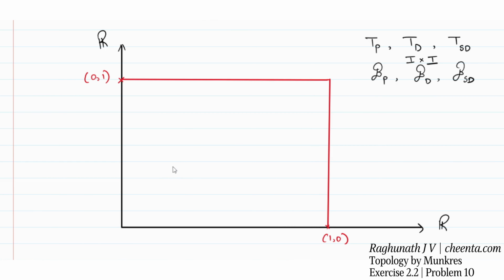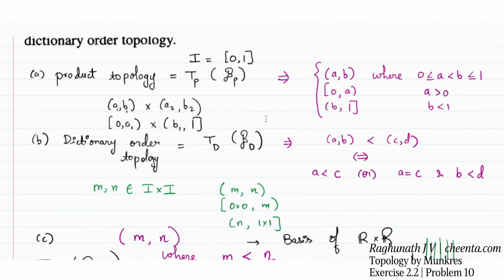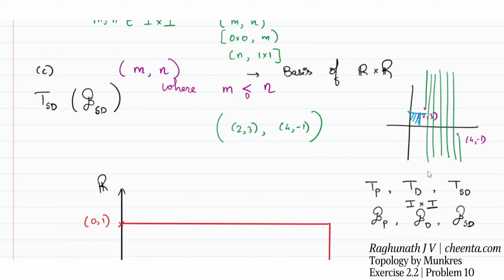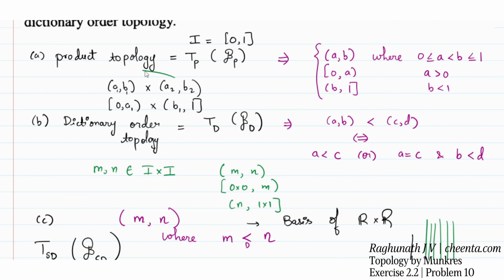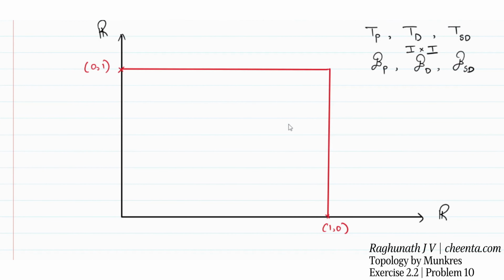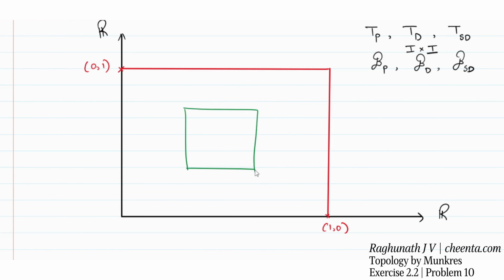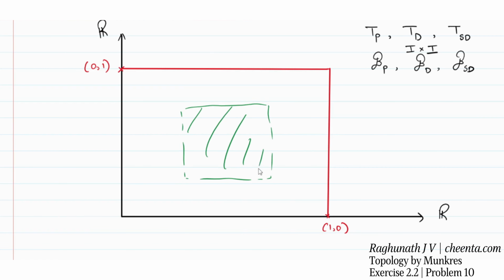Now if you consider B_P, we know that B_P is of the form, if you go above and see, the cross of two open intervals like this. So you will have to consider some box like this, right? It is like an open box with all the elements inside to be the basis element.